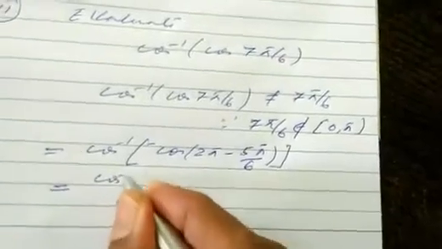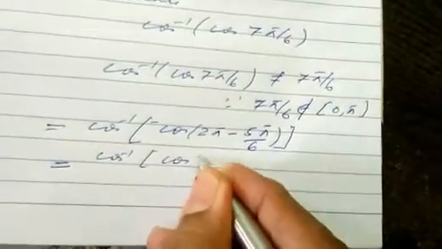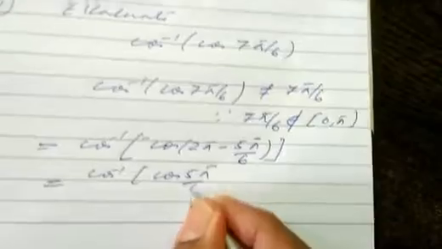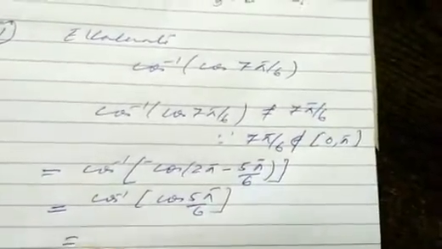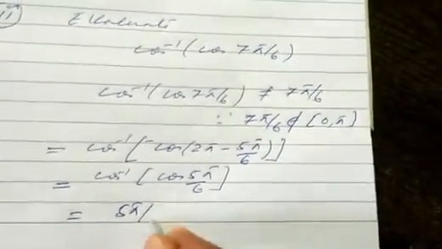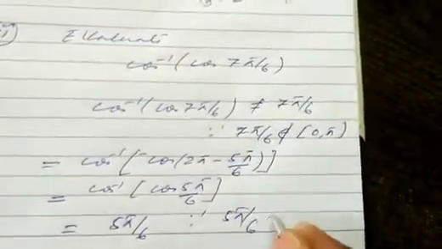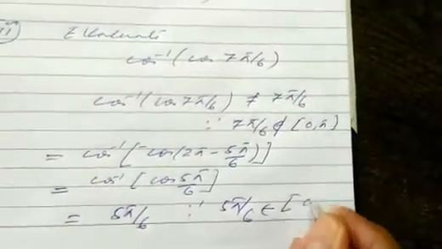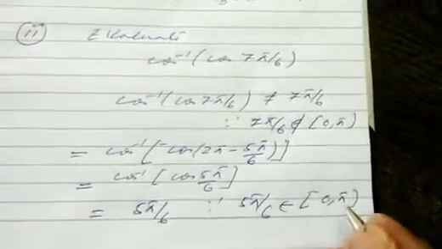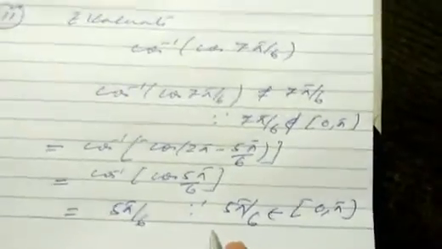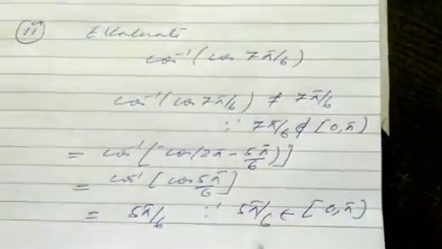After the supplementary philosophy, it will be cos 5 pi by 6. Now 5 pi by 6 will be the answer, since 5 pi by 6 belongs to 0 to pi. What I am discussing every time: you should stick in your house, don't move out of your house.